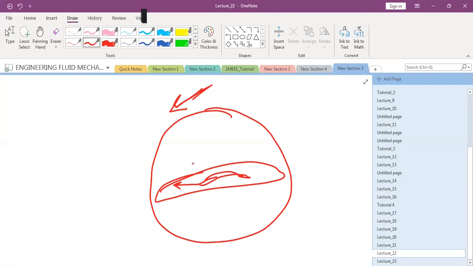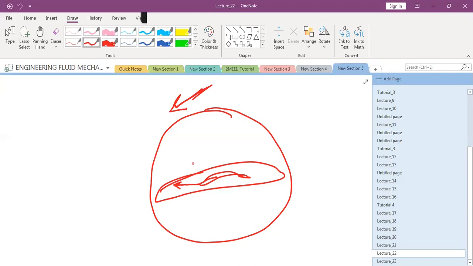So in the experiment, what we did is we took a very large tank and a small aerofoil, and we started moving the aerofoil in one direction. We know that the aerofoil cannot actually set the entire fluid in the tank into rotation due to viscous effects.